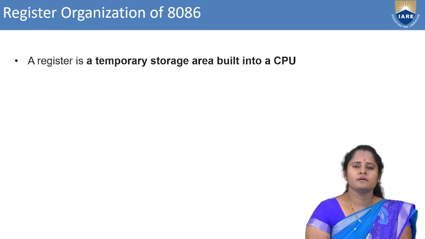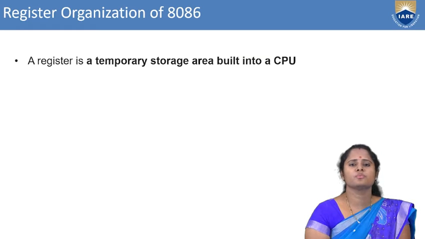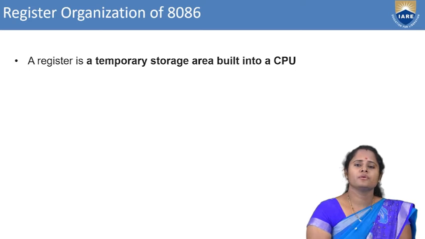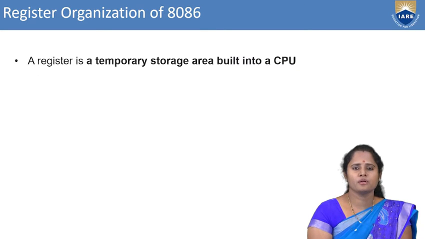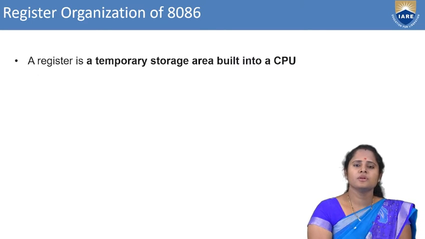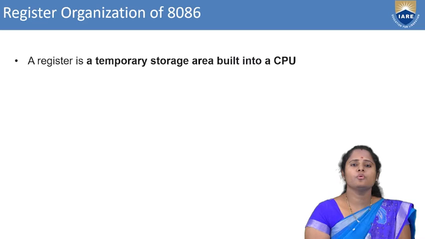You can say it's like a random access memory. It's programmable. A register is always a temporary storage where you can store the data and erase it, or rewrite the data into the register. Whatever new data you are going to access is always placed on the register, which is nothing but overwriting a memory.